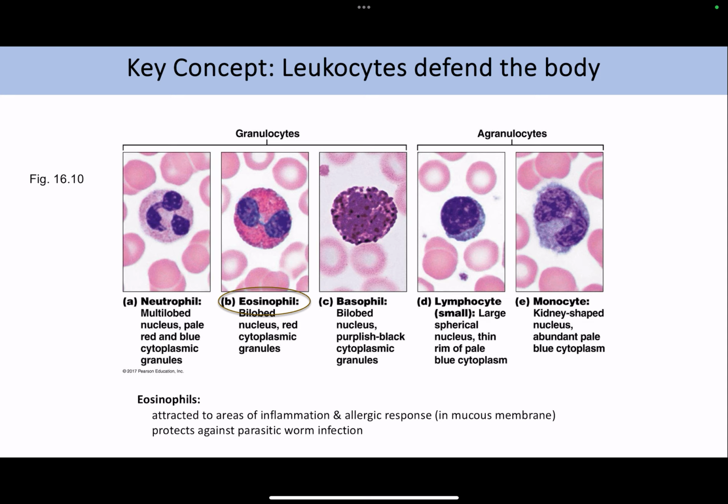They're going to release enzymes onto this parasitic worm, and it's wiggling now, but it'll stop wiggling here in a second. They're just going to crowd all over this parasitic worm and release enzymes to break down its parts until it dies, and then they can recycle it. So those are how eosinophils work. Questions about that? Okay.